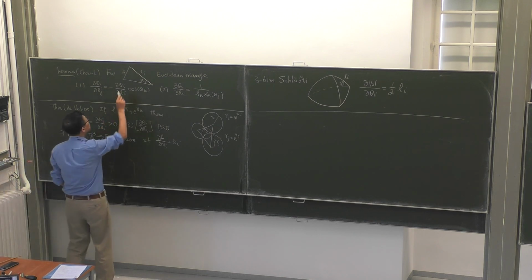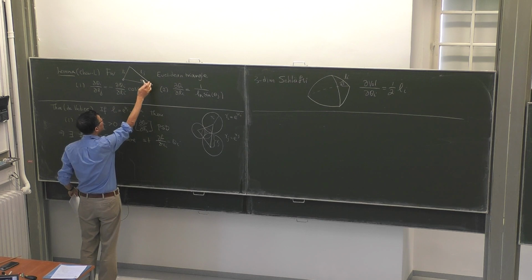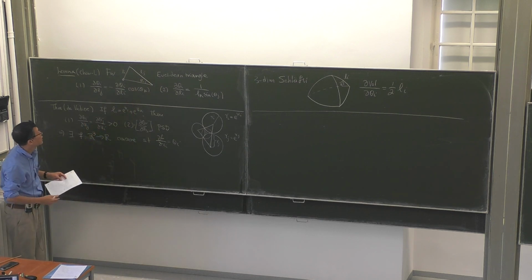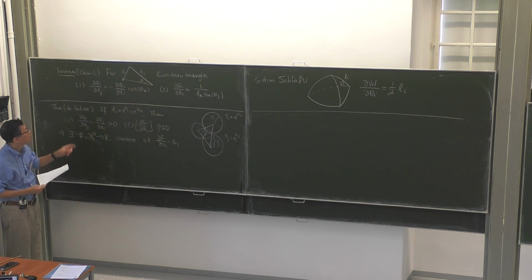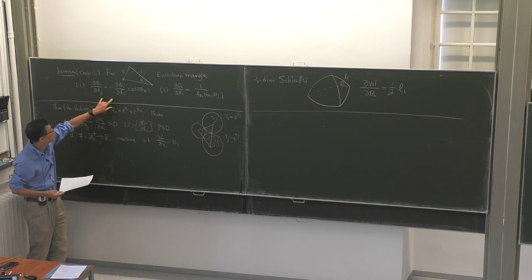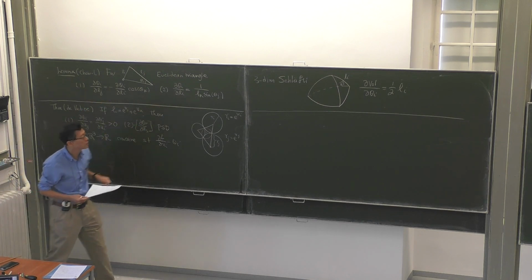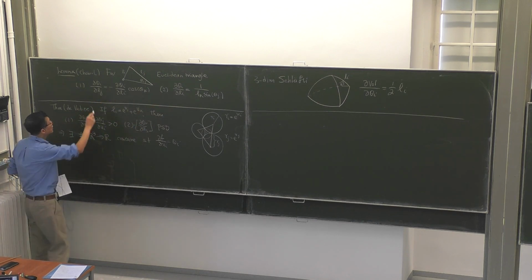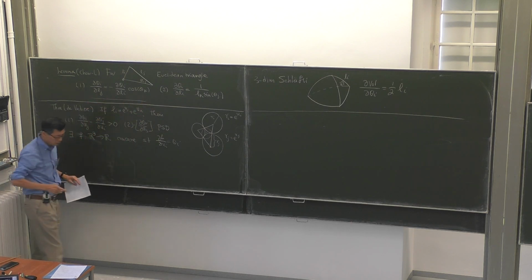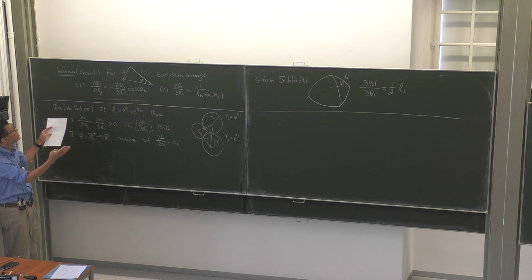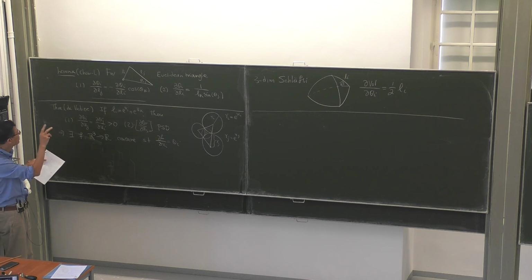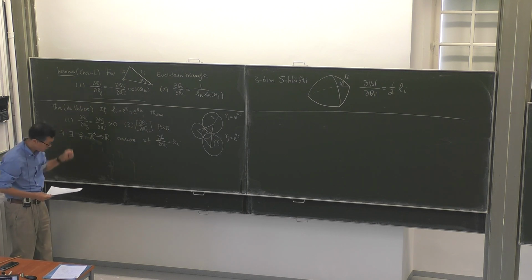I have a Euclidean triangle, lengths Li, Lj, and angle theta i, which are functions of the lengths, and then we have this formula. This is a really simple formula, but the first one is quite useful. You don't need to expand things out. It's also true in the same form for the others.